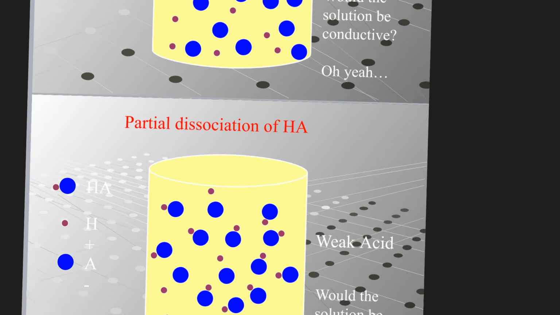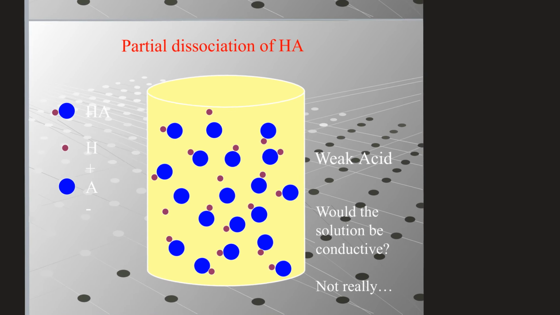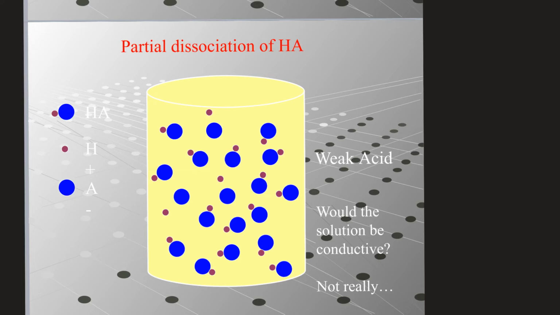Versus if you're talking about a weak acid and a weak base, if you look at this, you'll notice that most of them are still together, and just some of the hydrogens, some of the acids, actually dissociate themselves out.